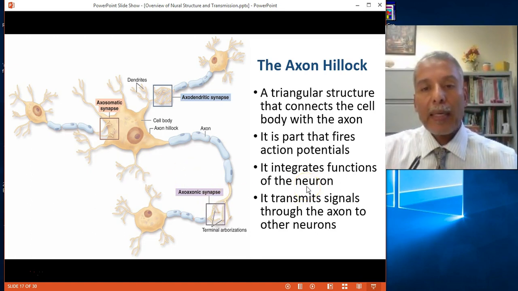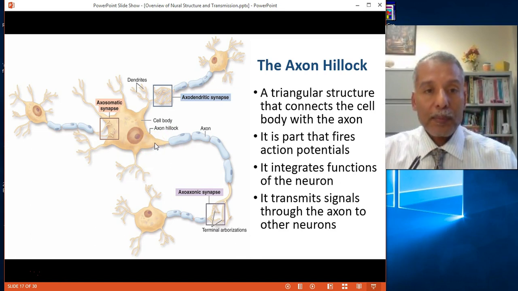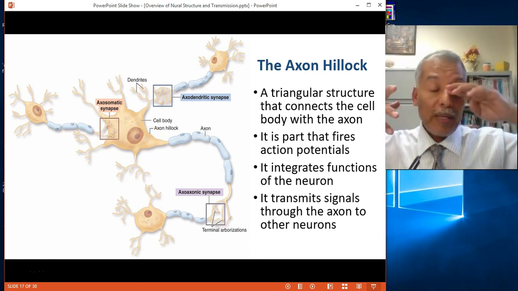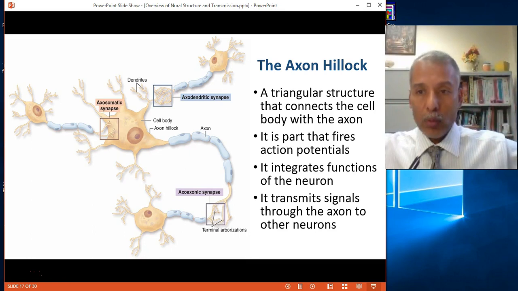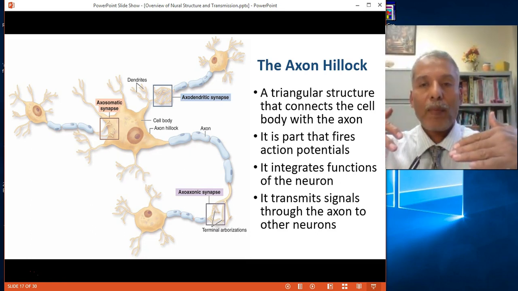It relies, as we will understand later, on all the signals coming to it. If a signal is important, finally it will find its way to the axon hillock.